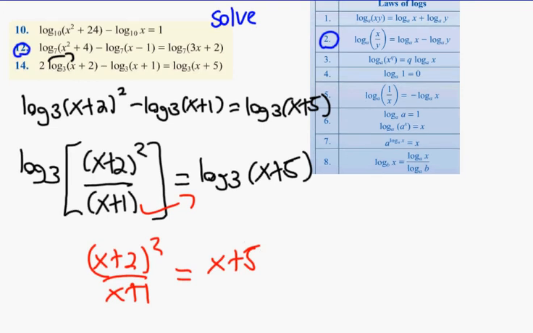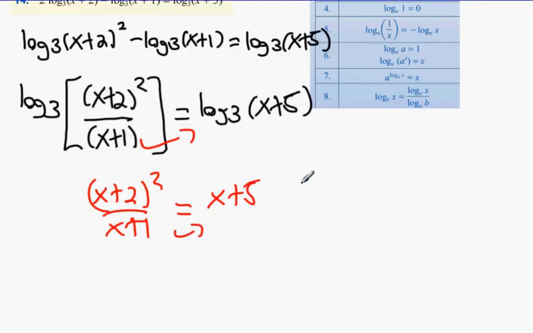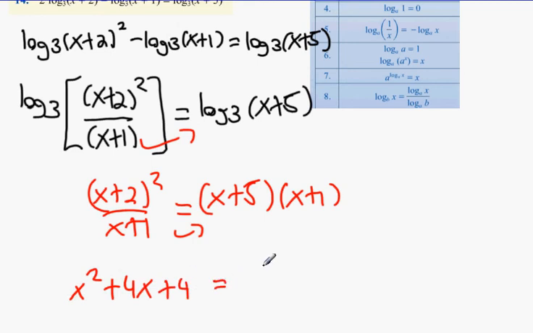Now that I've done that, we can multiply it out. What I'll get here is x squared plus 4x plus 4 equals x squared plus 6x plus 5. And what Simon picked up on earlier was, look, there's no x squareds this time around.